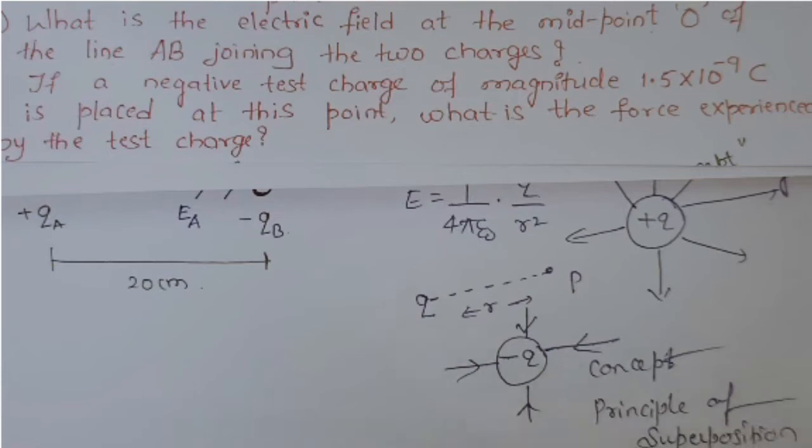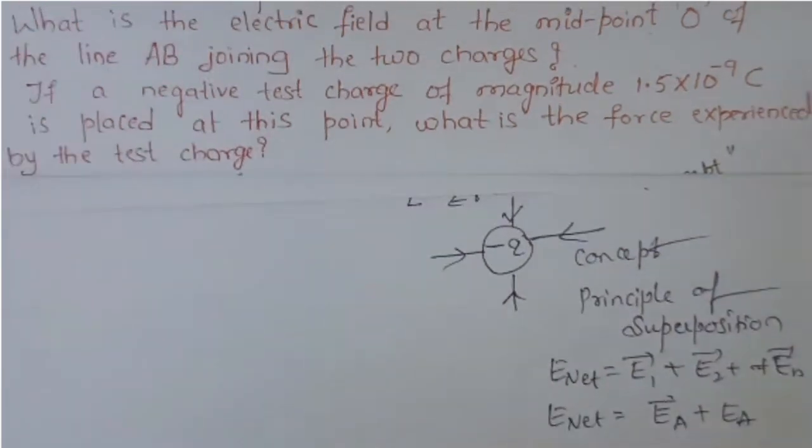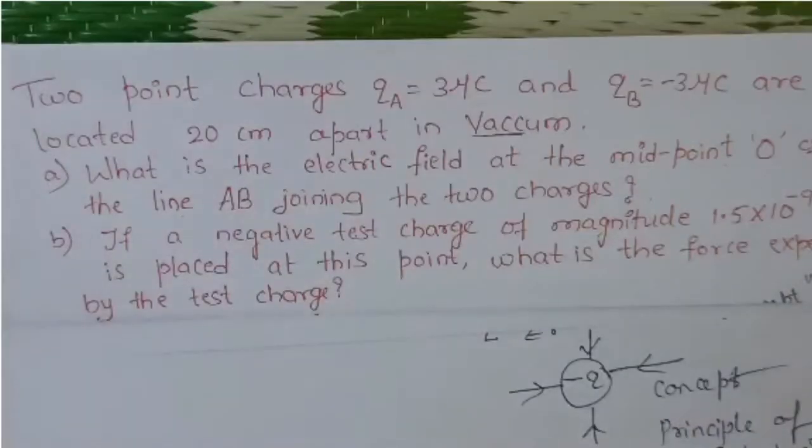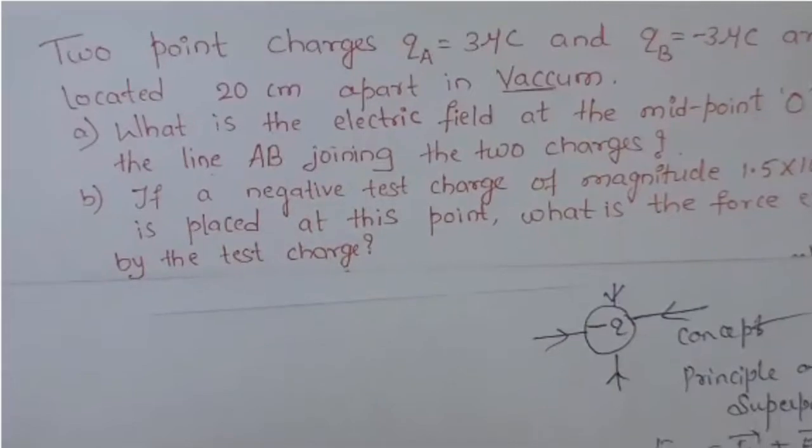It says that net electric field is equals to E1 vector plus E2 vector plus so on up till En vector. This is the formula. So that means E net at point O, how you are finding? Vector EA plus EB you are going to do. Clear? So I hope you understood what the concept utilized over here.